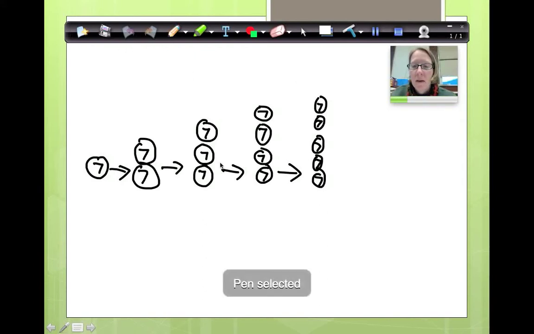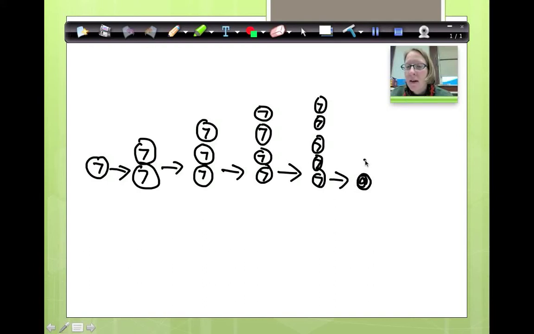Okay. Now, what is 5 7s plus 1 7? So I know this is 7, 2, 3, 4, 5, plus another 7. How many would that be? So I know what 5 7s is. I know 5 7s is 35.